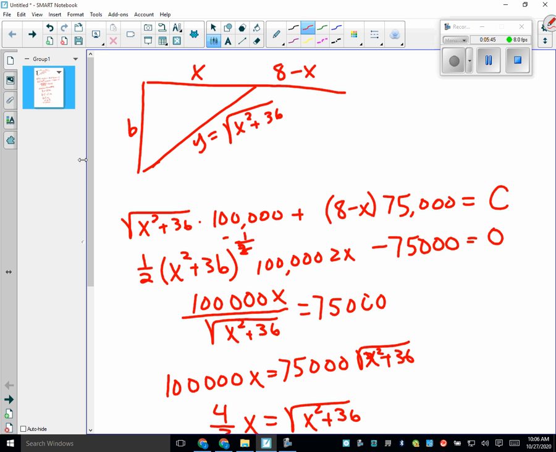Now, what will the cost be? The cost is, I put 6.8 here. Get that number times 100,000, right?